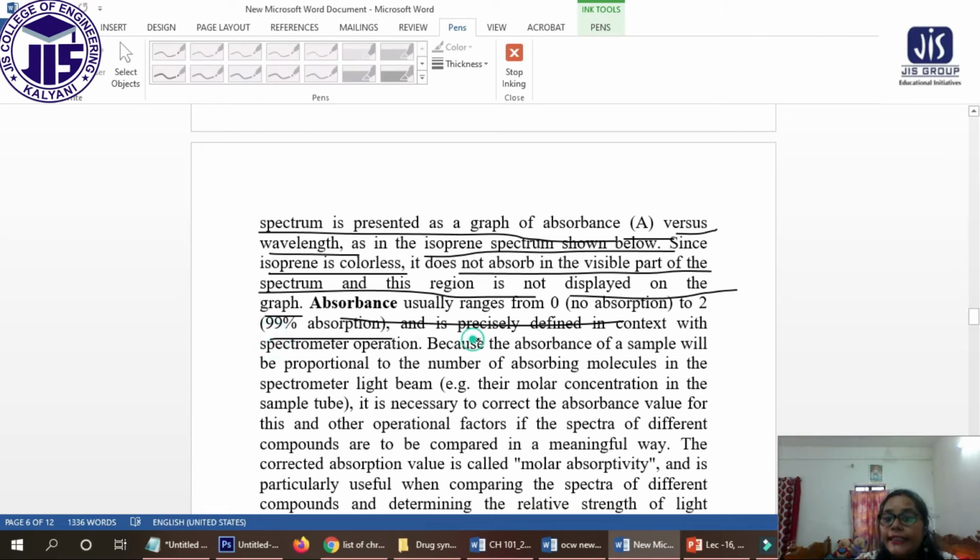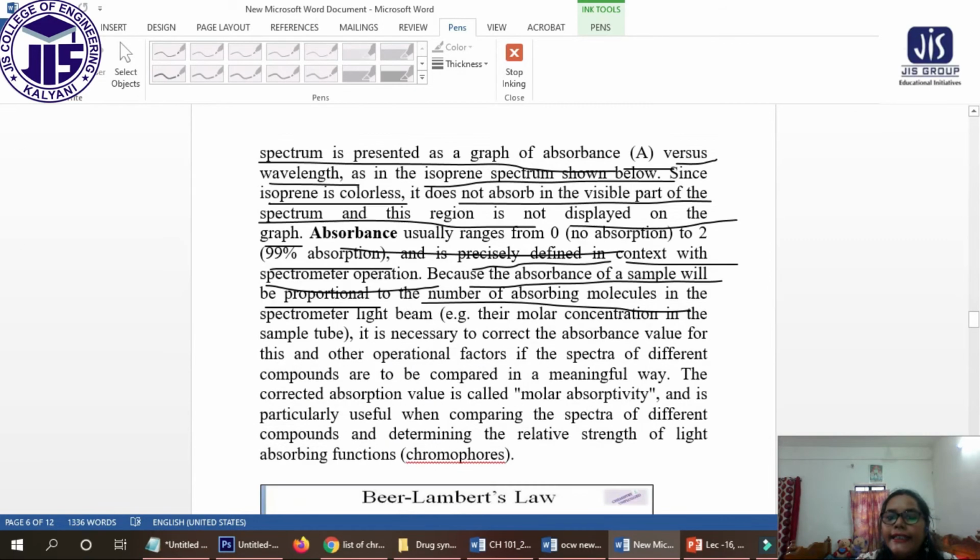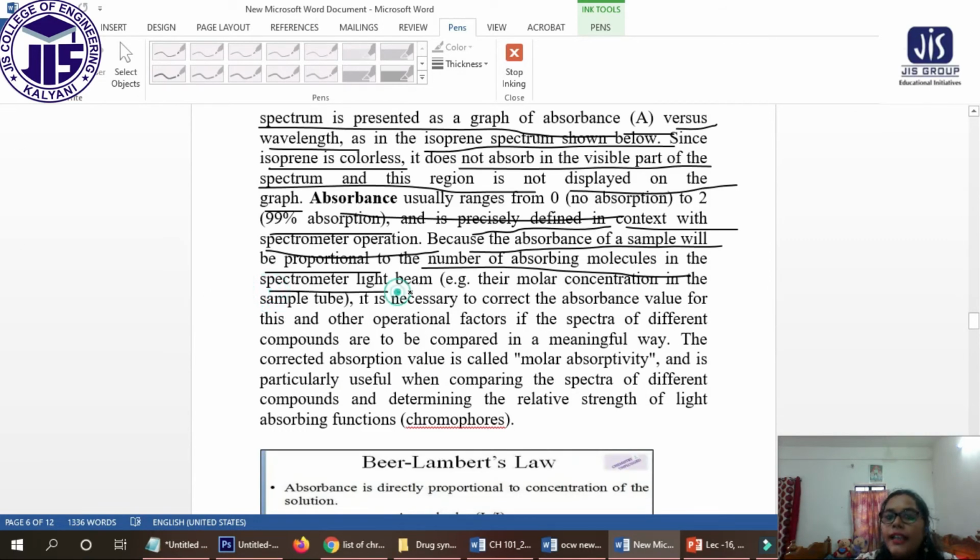Okay, and it is precisely defined in context with the spectrometer operation, because the absorbance of a sample will be proportional to the number of absorbing molecules in the spectrometer light beam, for example the molar concentration in the sample tube. It is necessary to correct the absorbance value for this and other operational factors if the spectra of different compounds are to be compared in a meaningful way.